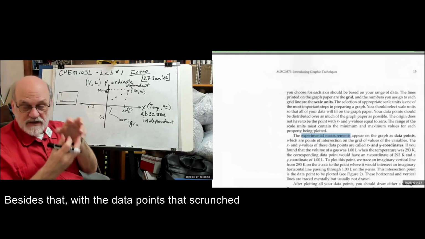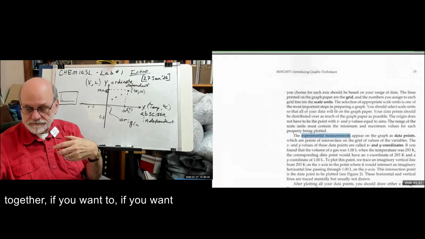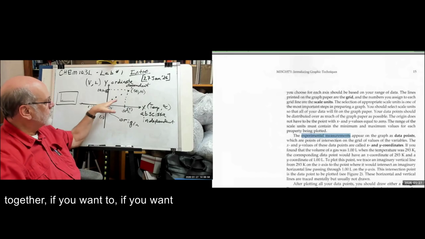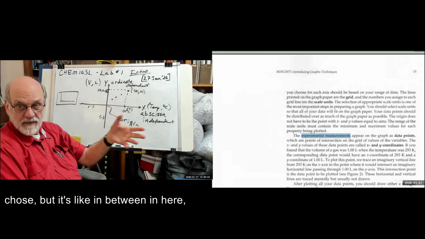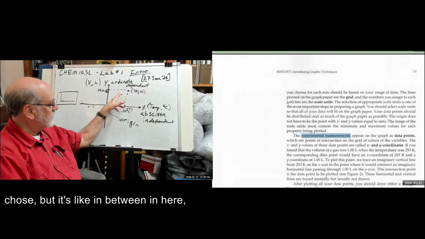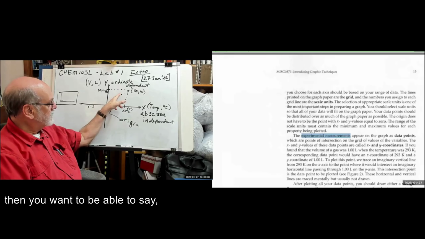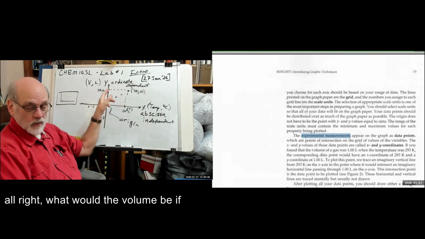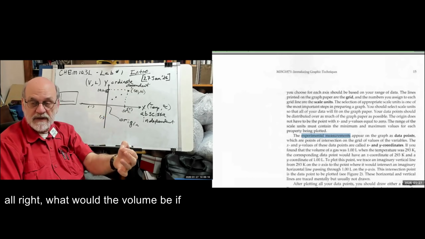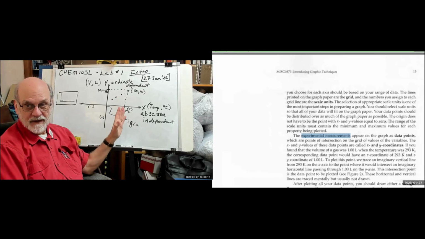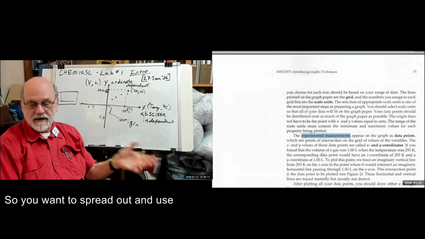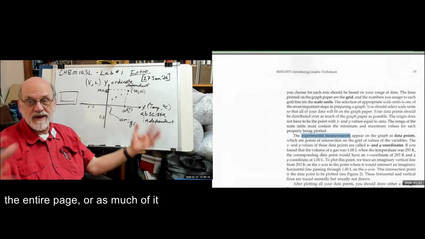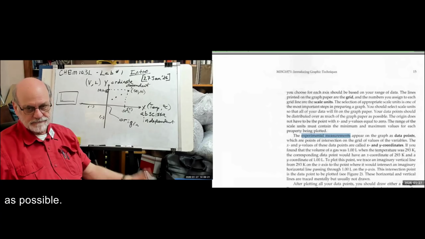Besides that, with the data points scrunched together, if you want to go in here and say, well, what if the temperature is not one that I chose, but it's in between in here, then you want to be able to say, all right, what would the volume be if I chose that temperature? Then if they're all scrunched together, there's no way you're going to be able to do that. So you want to spread out and use the entire page, or as much of it as possible.